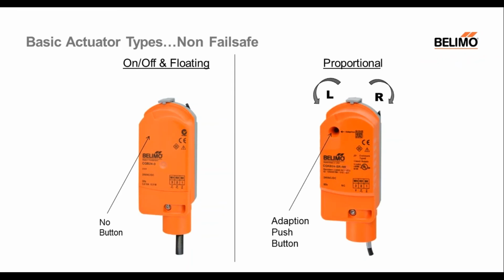In the previous diagram, I showed you how to change the clip to adjust a different flow. Once you've done that, on our actuators, we have two basic types of non-failsafe actuators. We have an on-off / floating point or 3-point control, and we have a proportional control through the 10 volts.